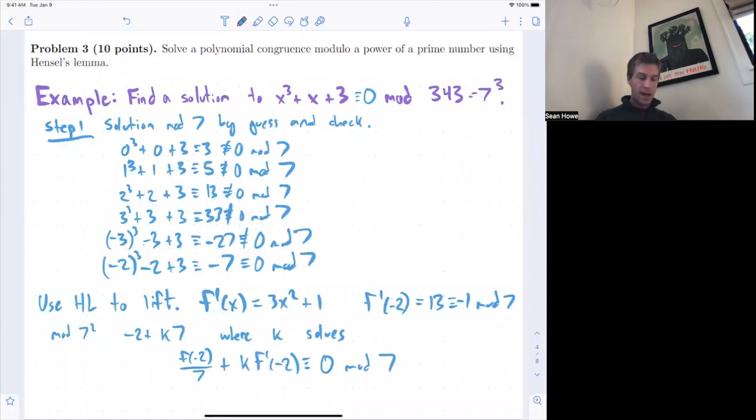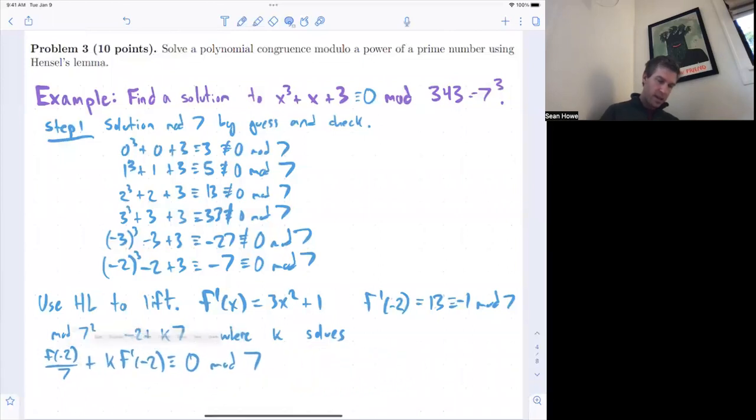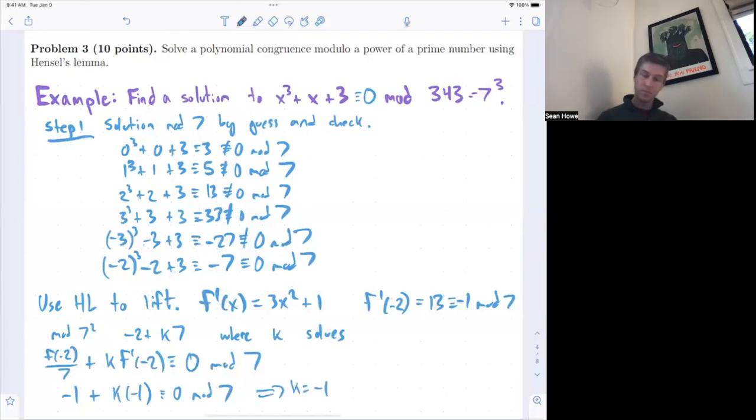We know what f of -2 is, and we know what f prime of -2 is. f of -2 is -7, so when divided by 7, I just get -1, plus k times f prime of -2, which is also -1. Once I solve that, k should be equal to -1.